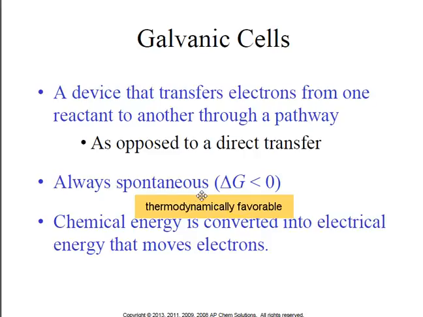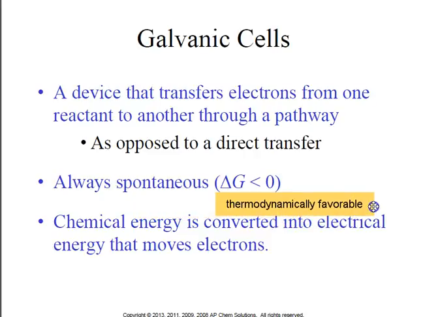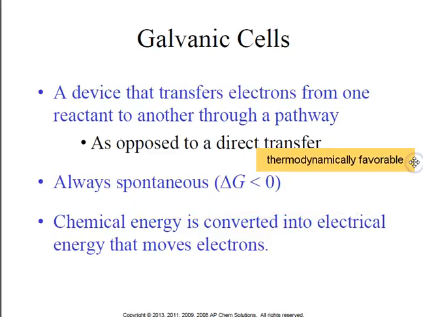Recall what that means. If these are thermodynamically favorable, what does that tell us about their delta G value? Well, that means that their delta G value has got to be less than 0, or negative. From the last chapter, what does that tell us about their K value, their equilibrium constant? We know that it's got to be greater than 1 since these are thermodynamically favorable.